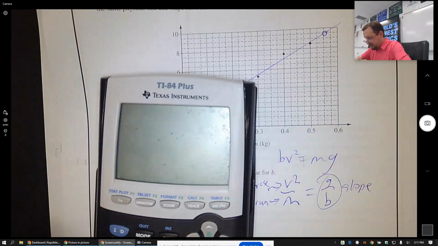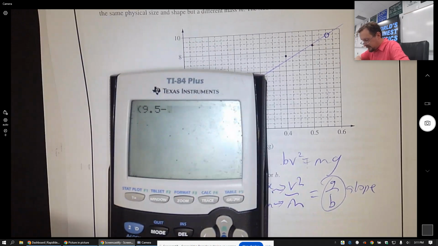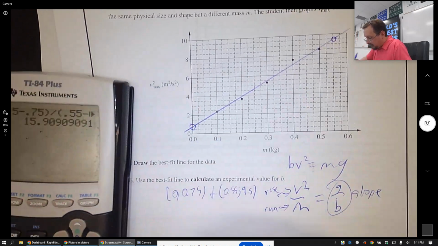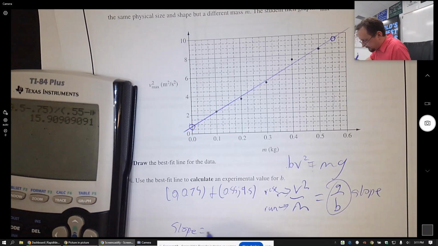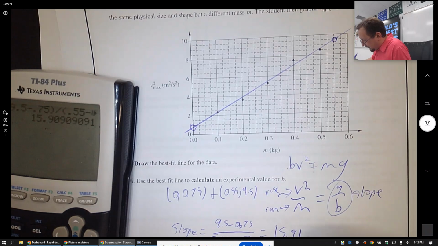So the slope is 9.5 minus 0.75 over 0.55 minus 0, which is 15.91.